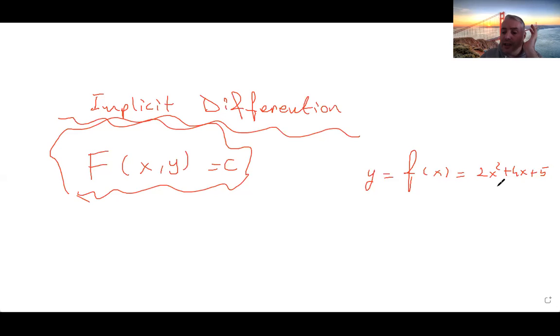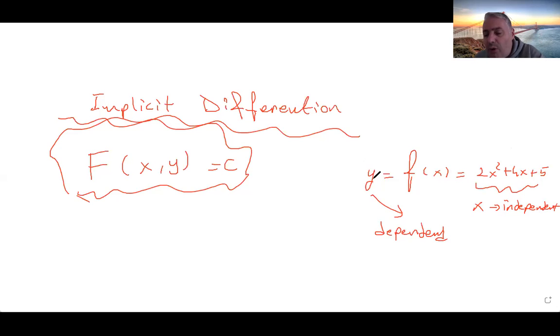So when you look at here, x is independent variable, and y is dependent variable. What does it mean? When x is changing, f of x, which is y, automatically is changing based on x. If you increase x, y is increasing. If you decrease x, y is decreasing. But now this is different.